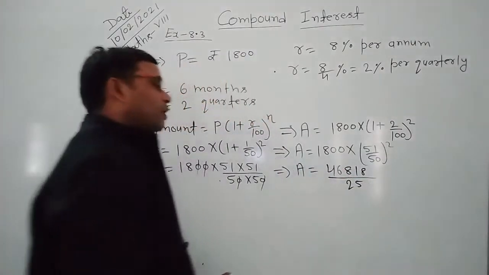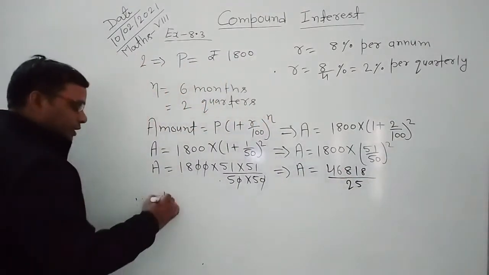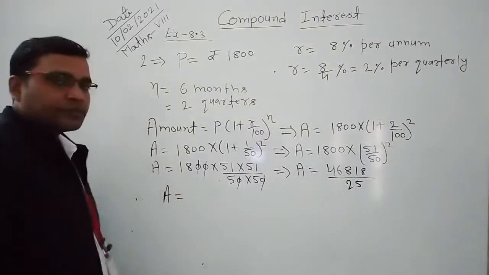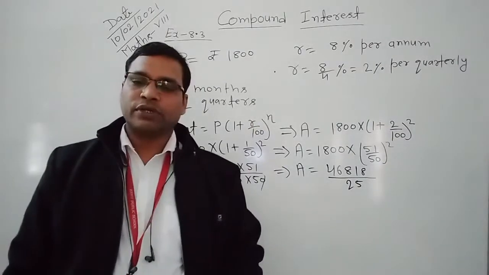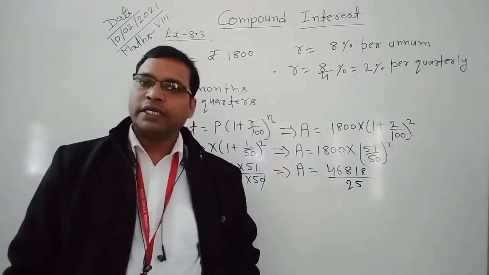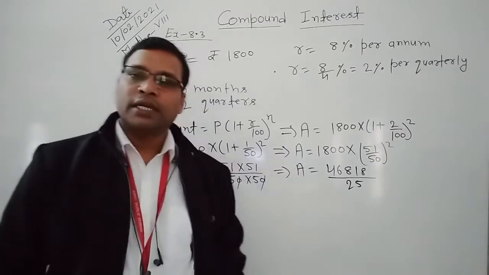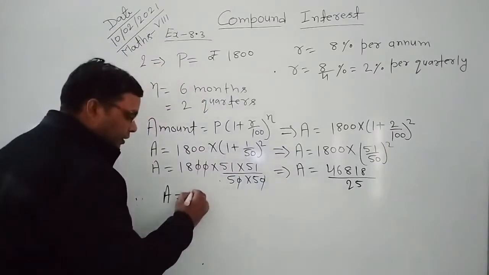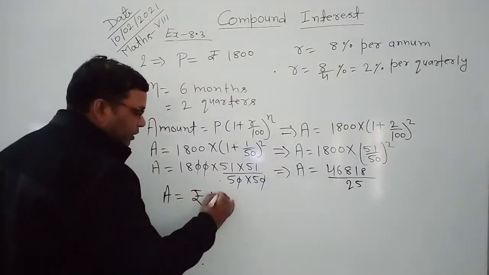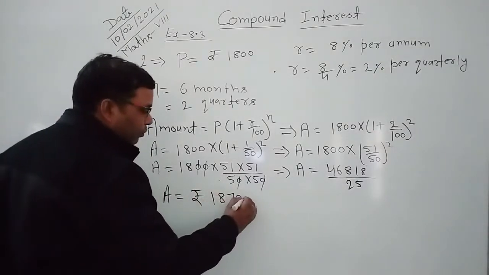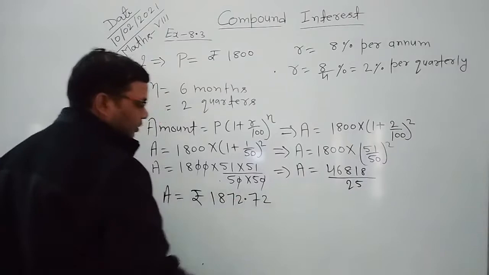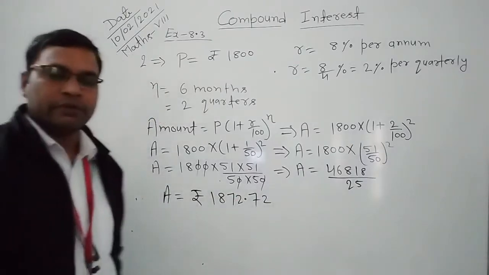This is clear. Now if you divide this, then you get amount is equal to 1,872.74. This is the amount.